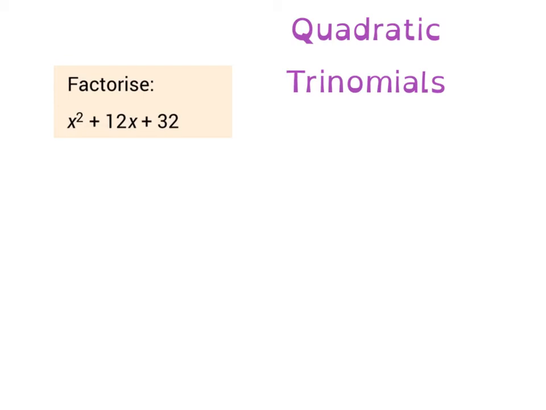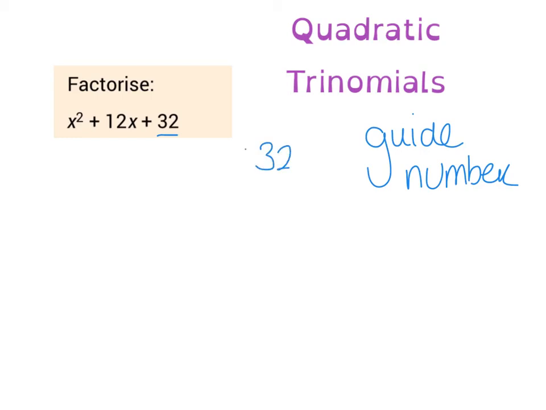We're now going to factorise this quadratic, and the method I'm going to use is guide number. So my guide number in this case is 32. And it's a plus 32. And I'm using that 32 to find the factors that will add or subtract to give me 12. And we know that that's 4 times 8.